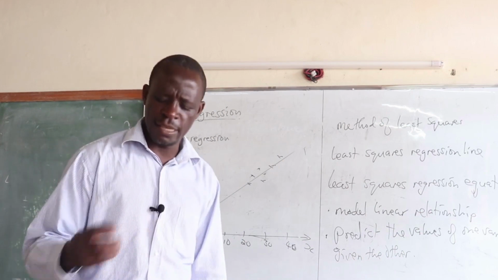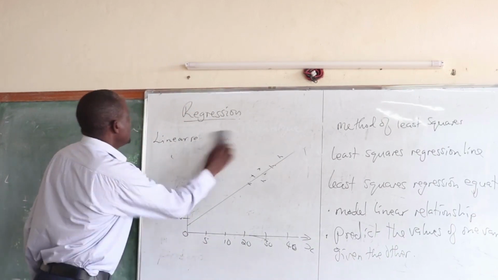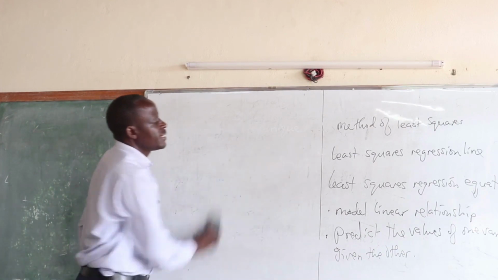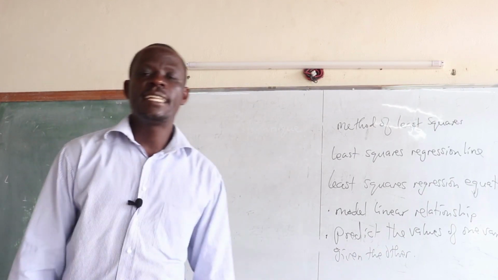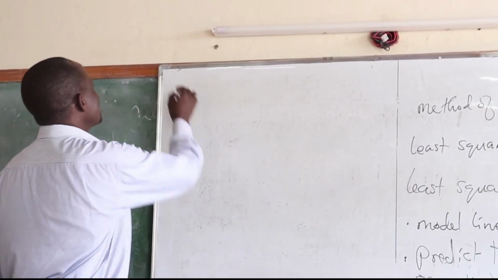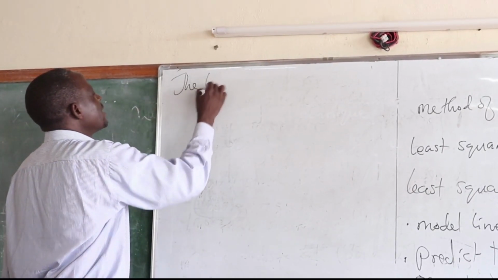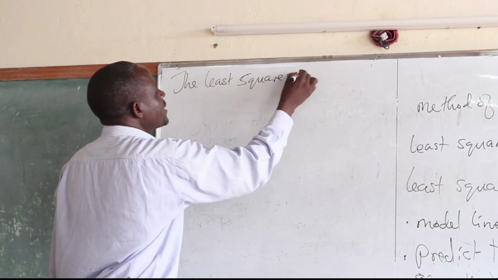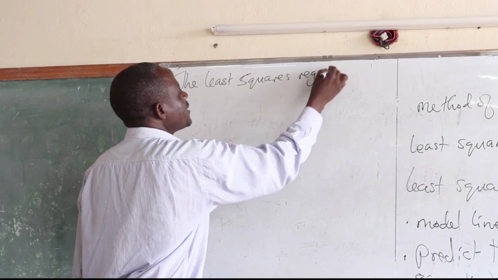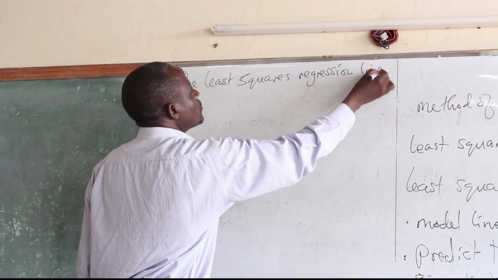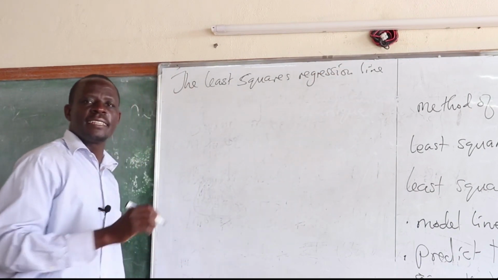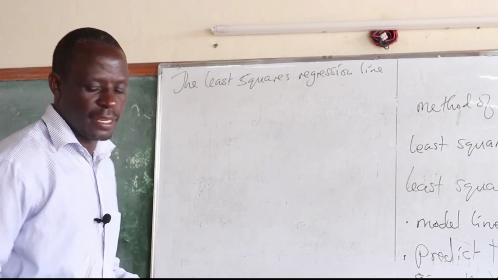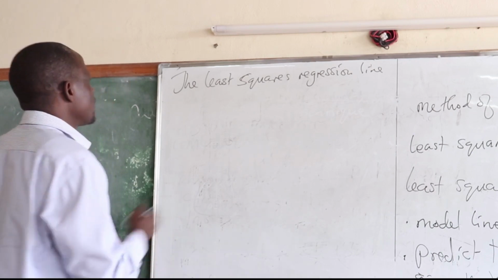Now, how do you come up with the least squares regression line? This is a line that minimizes the sum of the squared vertical distances.